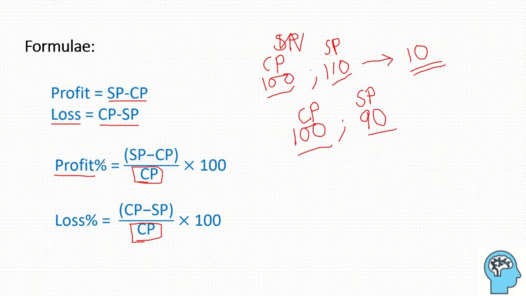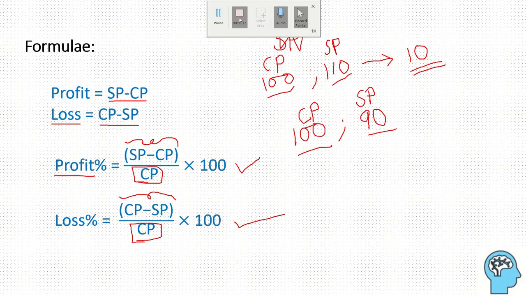So profit percent is nothing but profit by CP into 100, and loss percent is nothing but loss by CP into 100. So these two are the formulae for calculating profit percent and loss percent. Okay. So from the next slide onwards, we will see some examples.